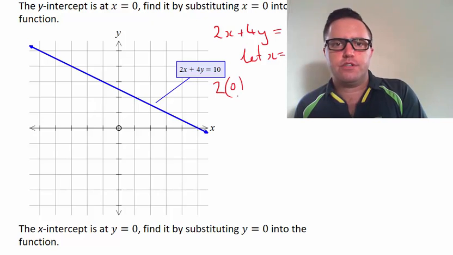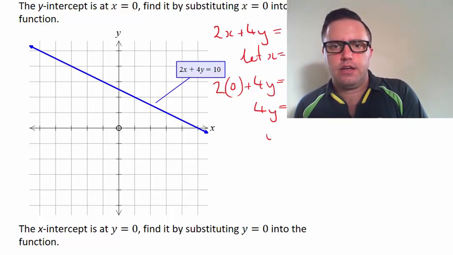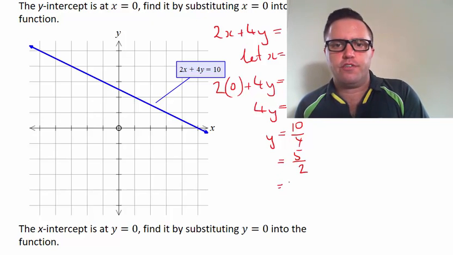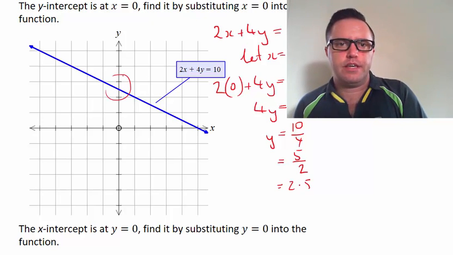Therefore we have 2 times 0 plus 4y equals 10, so 4y equals 10, y equals 10 over 4, which is 5 over 2, or 2.5. So our y-intercept here is the point (0, 5/2).